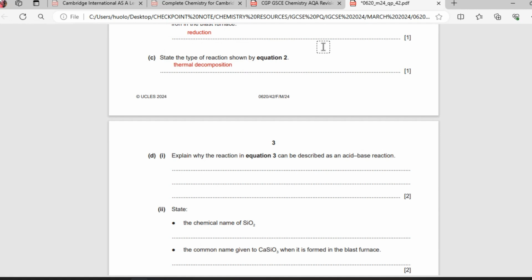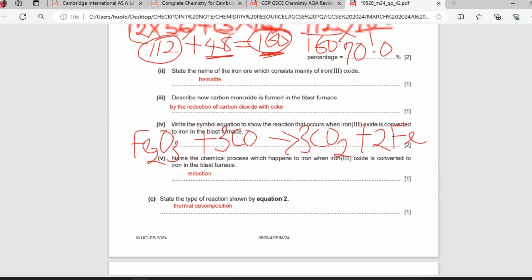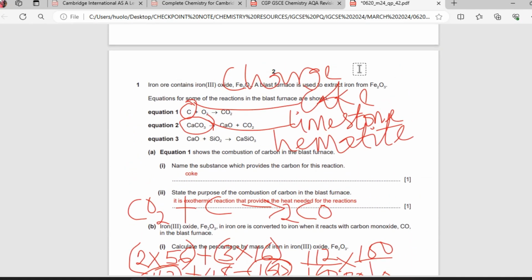Now we make progress to the next question, which is D(i). Explain why the reaction in equation 3 can be described as an acid-base reaction. Okay, so you know that there is an acid-base reaction in the blast furnace. Reason being that calcium oxide is an oxide of a metal, and you know oxides of metals are bases.